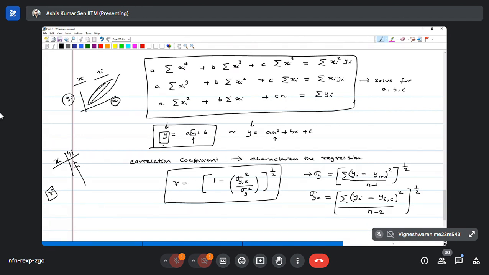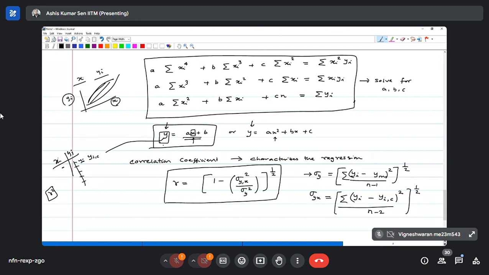Okay, so for example, you have all the yi's, and corresponding to each xi, you will have a y value which is predicted through this curve. That is yic. You have yi. So you take the difference, square it, sum it up for all i's, divide by n minus 2 and take square root.